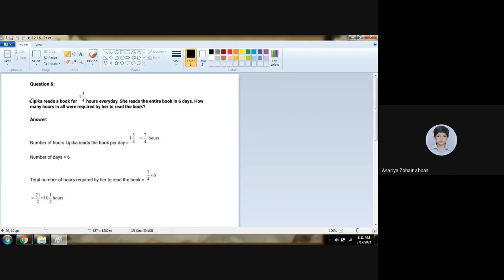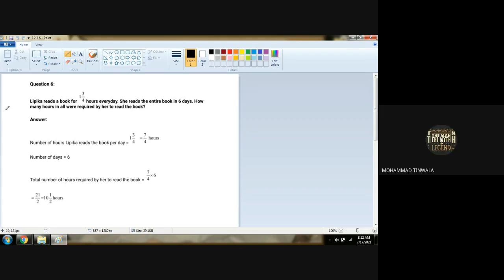Deepika reads a book for one integer 3 upon 4 hours every day. She reads the entire book in 6 days. How many hours in all were required by her to read the book? What is she telling?